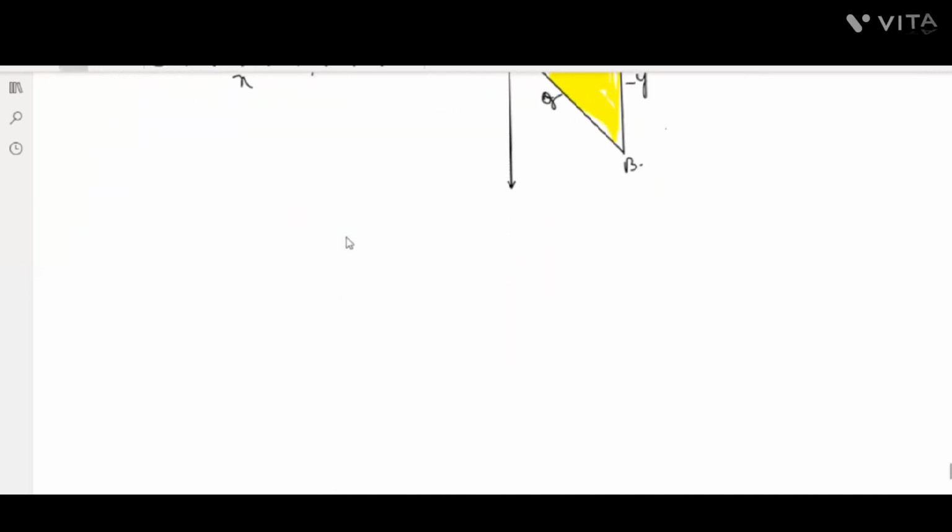So let's finalize here. Sin of minus theta is minus sin theta. Cos of minus theta is plus cos theta only. Tan of minus theta is minus tan theta. Cot of minus theta is minus cot theta only.